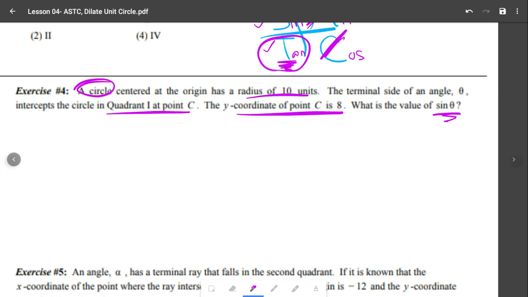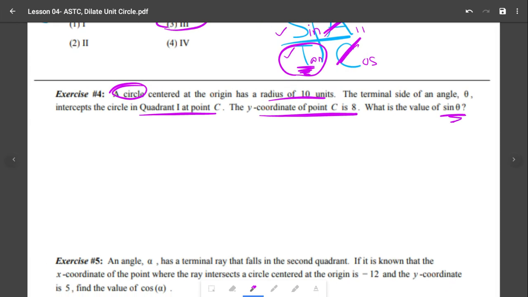Big thing is that this is just saying this is a circle. It makes no mention of unit circle. Remember how I said x and y match up with cosine and sine? That, remember, is only true on the unit circle. And since this is not a unit circle, I cannot assume that x is cosine and y is sine.